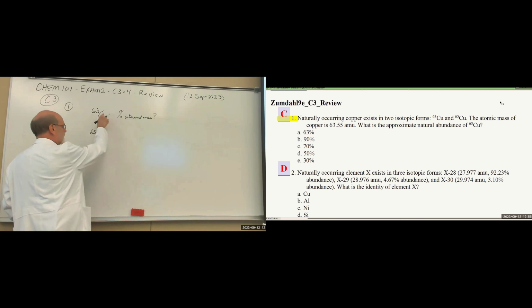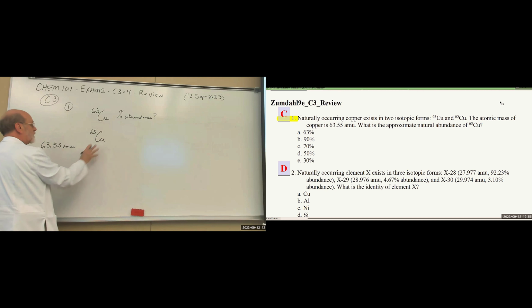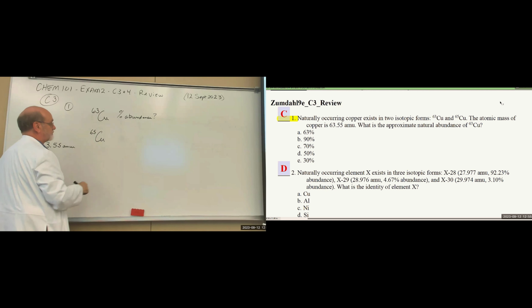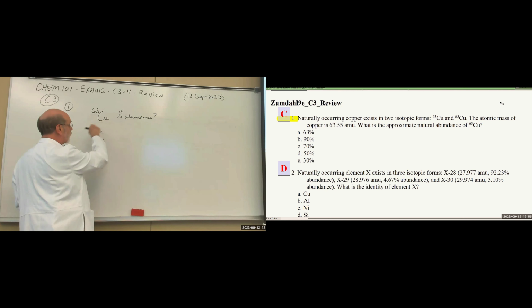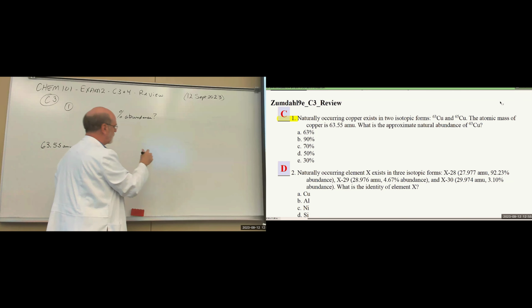All right. So how would we calculate this value from that value? Well, what we would need is the abundance of this copper isotope and the abundance of that copper isotope.